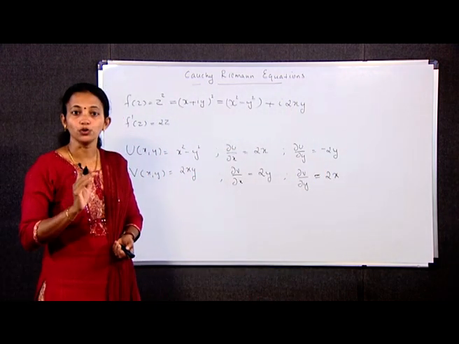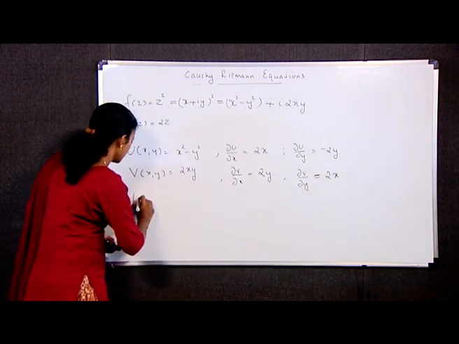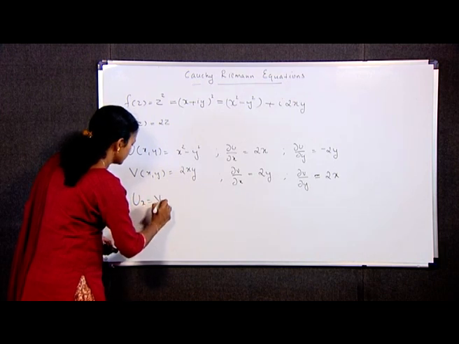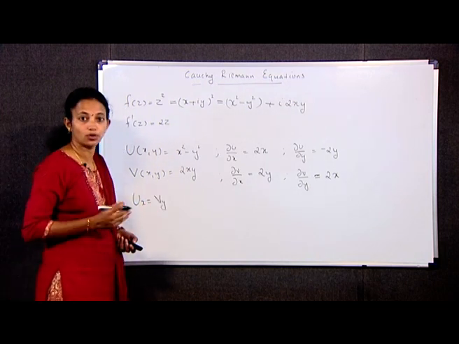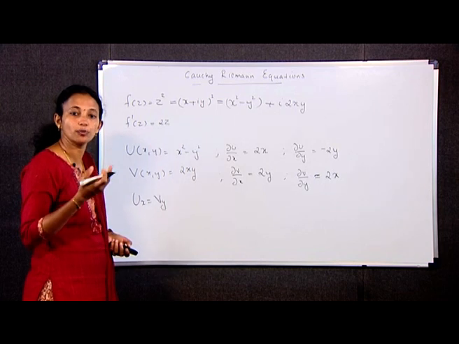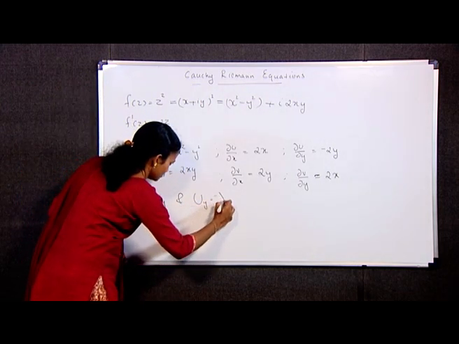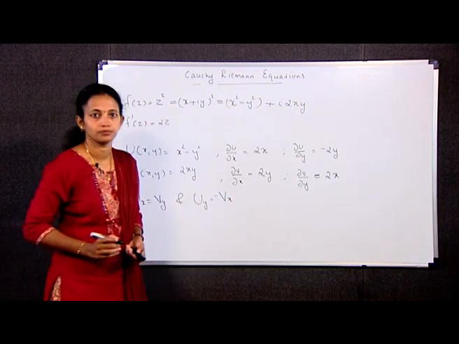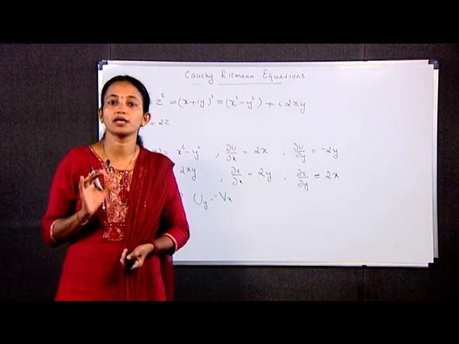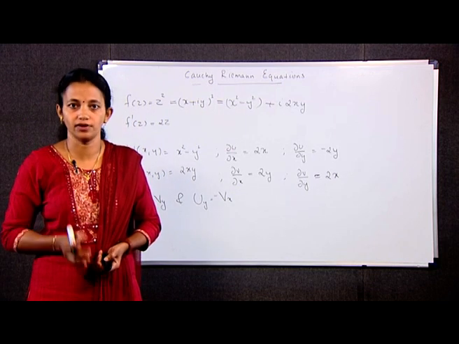Hence, we have u_x is equal to v_y, and u_y is equal to minus v_x. Hence, Cauchy-Riemann equations are satisfied everywhere.